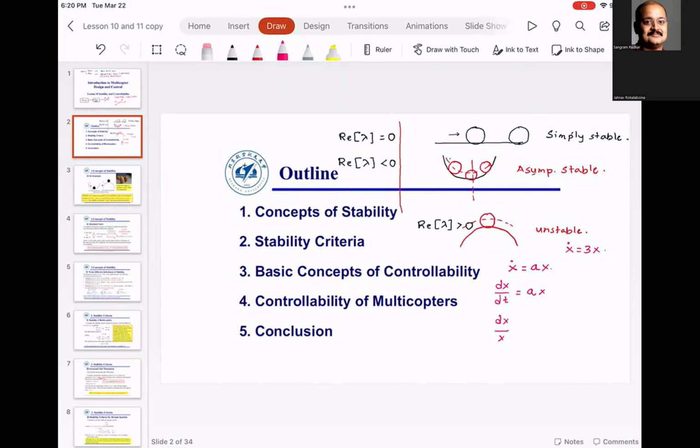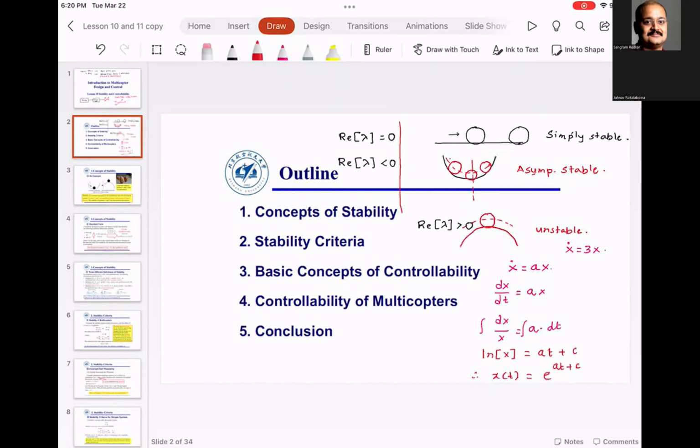Dx over x is equal to a dt. Integrating both sides, I have ln of x is equal to at plus c, which means x of t is equal to e to the power at plus c.